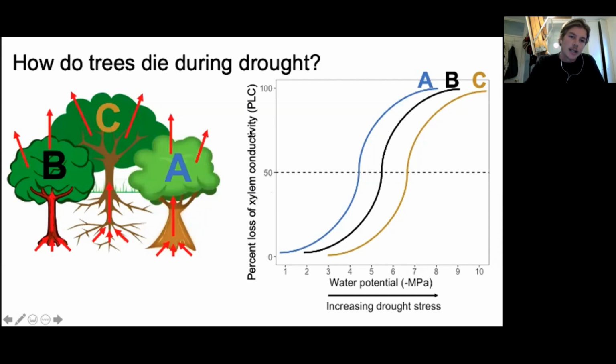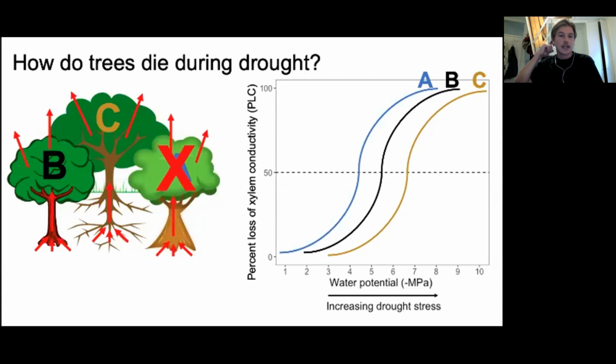On the y-axis you can see the percent loss of xylem conductivity, or percent of xylem area that's blocked by these embolisms. And on the x-axis is negative water potential, so increasing drought or water stress as you move from 0 to 10 megapascals. The earlier that these vulnerability curves cross that 50% threshold, the more vulnerable that species is to xylem embolism.